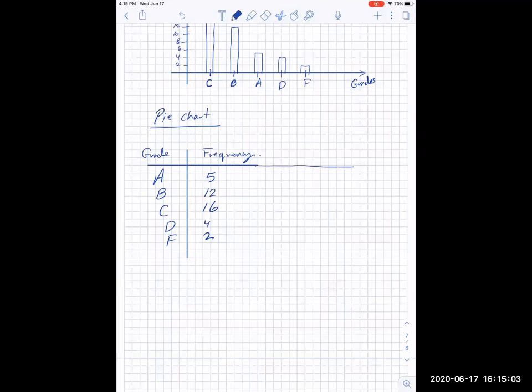I'm gonna add another column, and I'm gonna put here another column for degrees. So first I'm gonna find the total frequency that I have. I have 17 plus 16 plus 6.